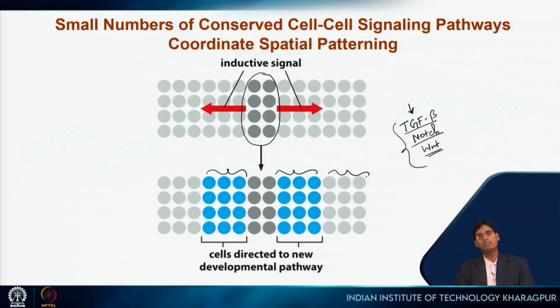Then how will it happen? Because maybe the receptor of those particular signaling molecules is present on those cells which are receiving, although they are present a little bit away from the source, but they have the receptor which will bind to this signal. For example, TGF beta will bind to its receptor present on some other cells. It might be a little away, but still it will help to change the fate of those cells because of this signal.